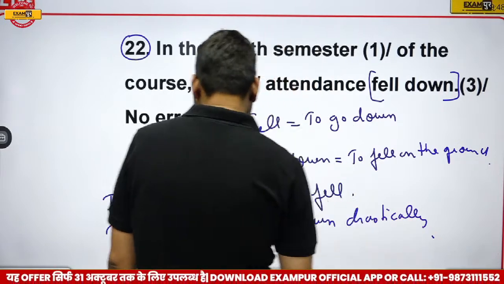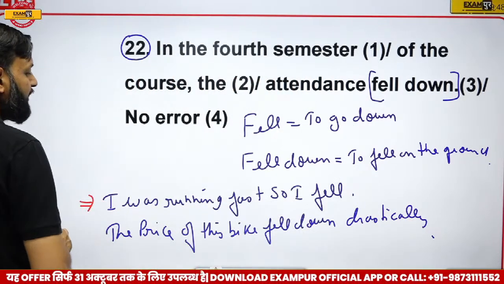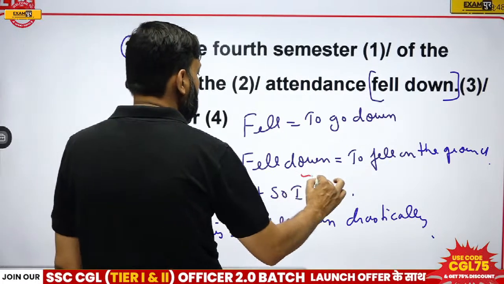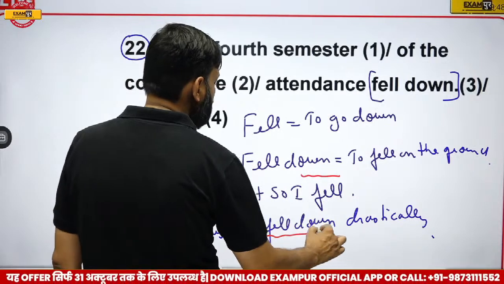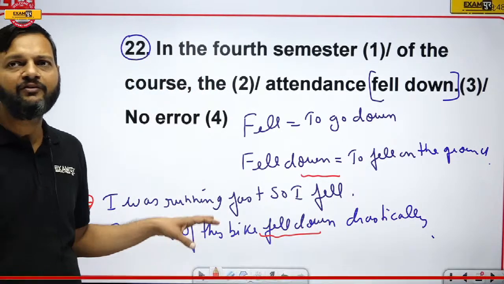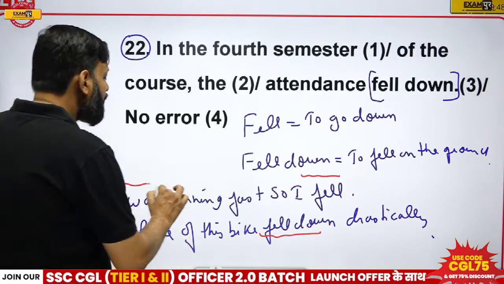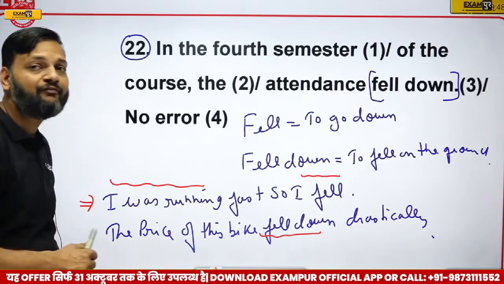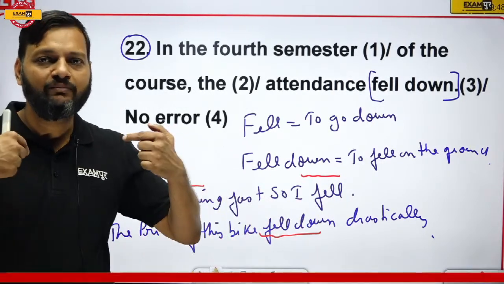Now, compare these two sentences. In the first sentence, I have used the word fell, and in the second sentence, I have used the phrase fell down. But both the sentences are wrong. In the first sentence, I am talking about myself.